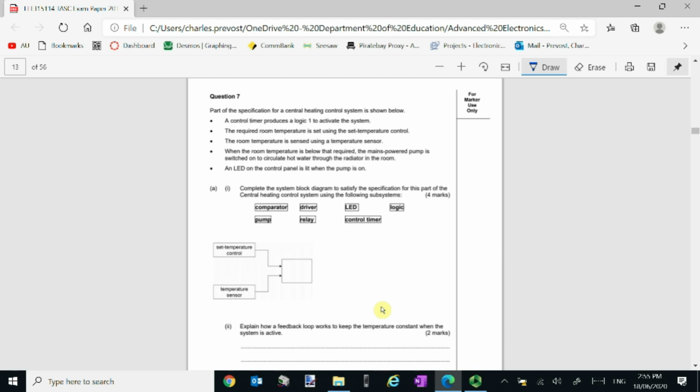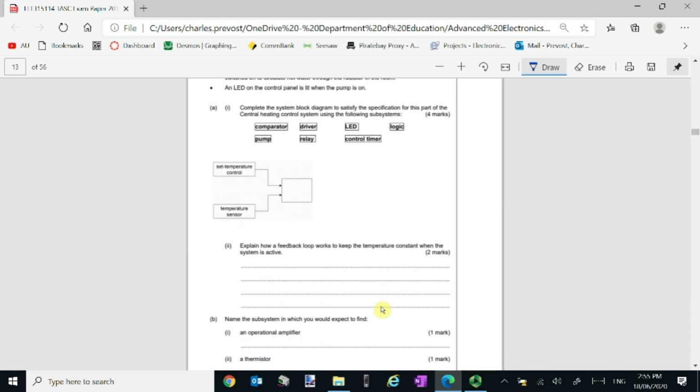Okay, so it looks like we've got ourselves another function block diagram type question. By the looks of it, there may be some analog stuff in here, so let's see if it's a relative. No, that's not really relative to what we're talking about yet.